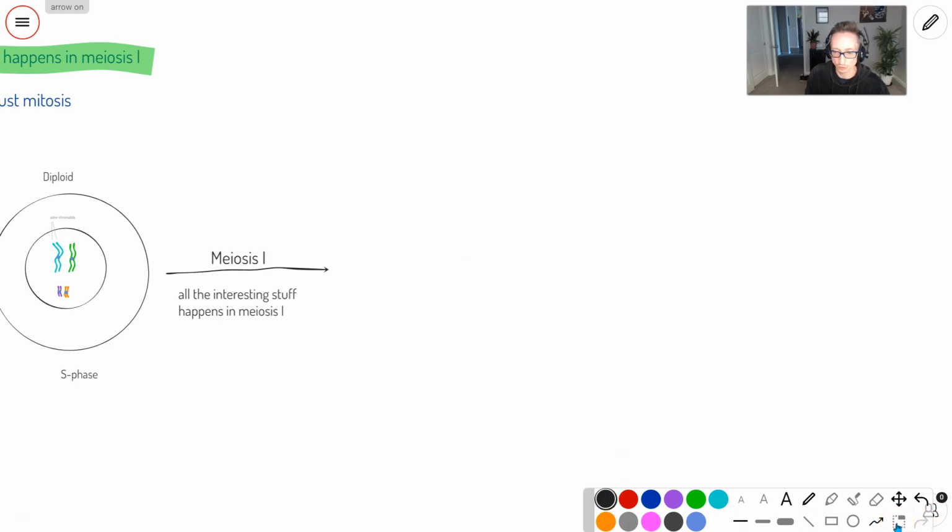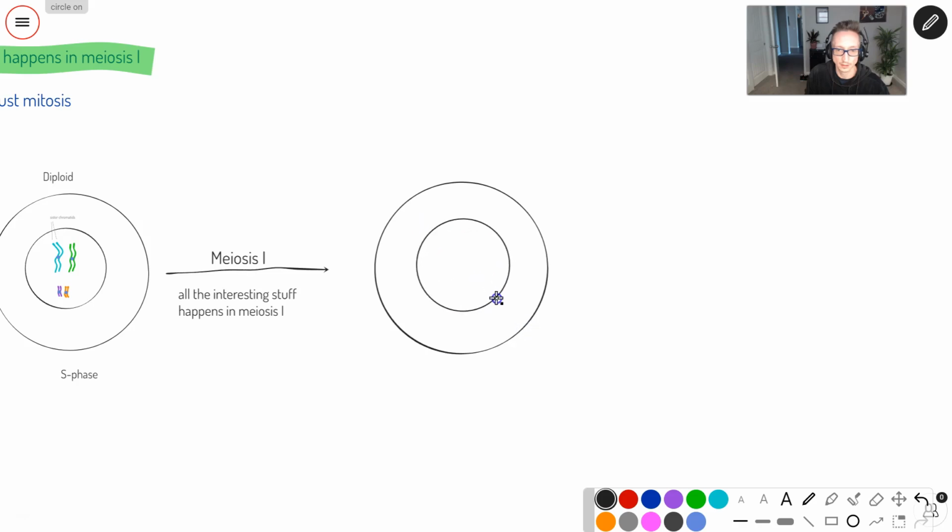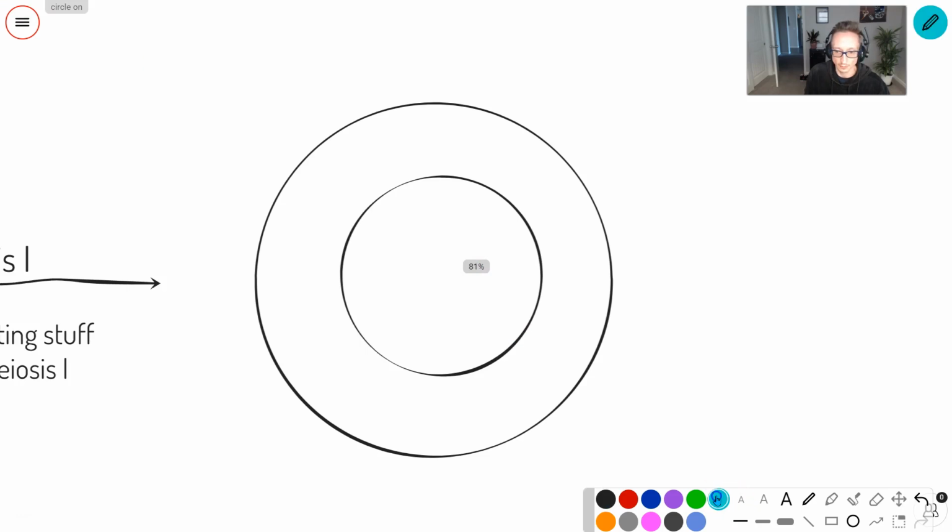Let me redraw these cells. Got our nucleus. And what happens is our little chromosomes, let's redraw them. We got our blue. Let me make them a little thicker, actually. Got our big blue.